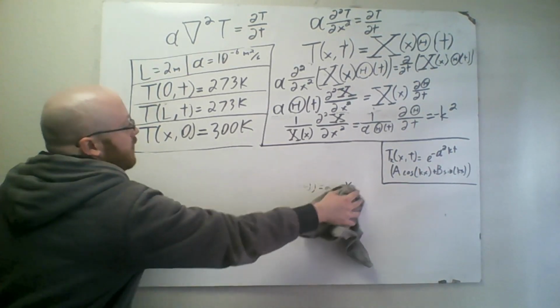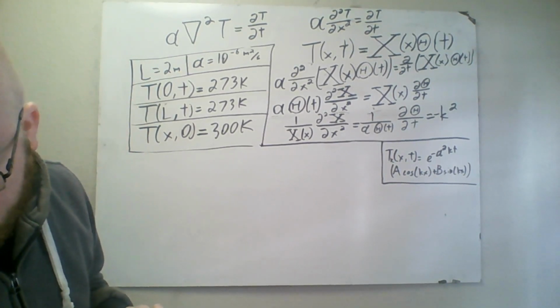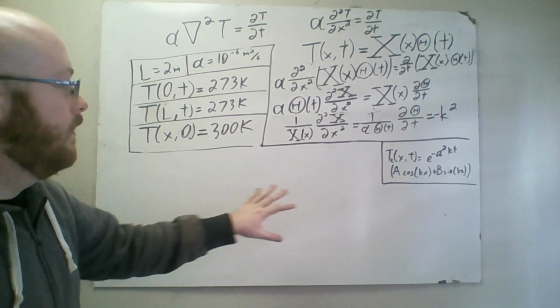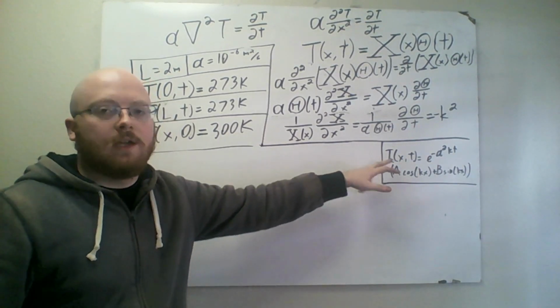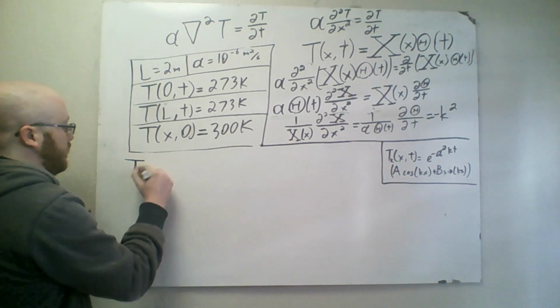So I tried doing it with just one, but remember, this is a linear partial differential equation. So really, this solution is only one possible part of the solution. So now we need to do this.